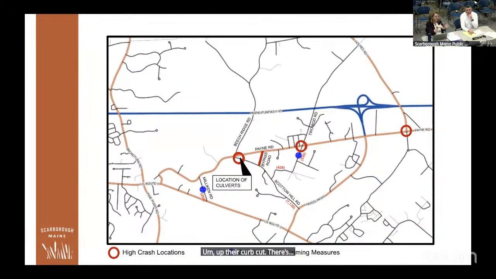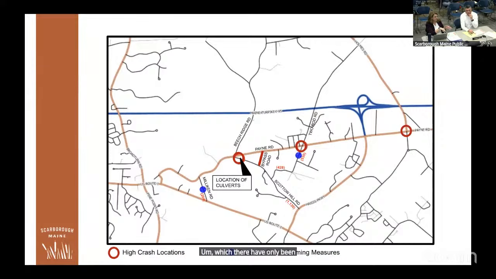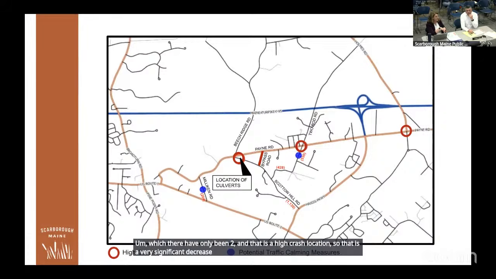So those are the accidents you're seeing, which there's only been 2, and that is a high crash location. So that is a very significant decrease. So I think there are ways that we probably still need to tweak that intersection. But it's become safer having that not open on the other side.